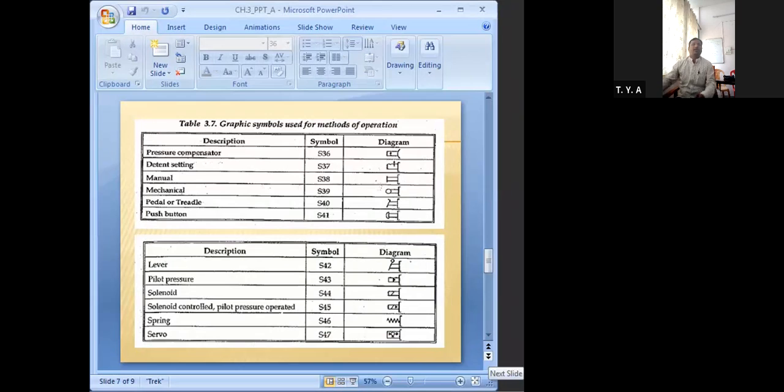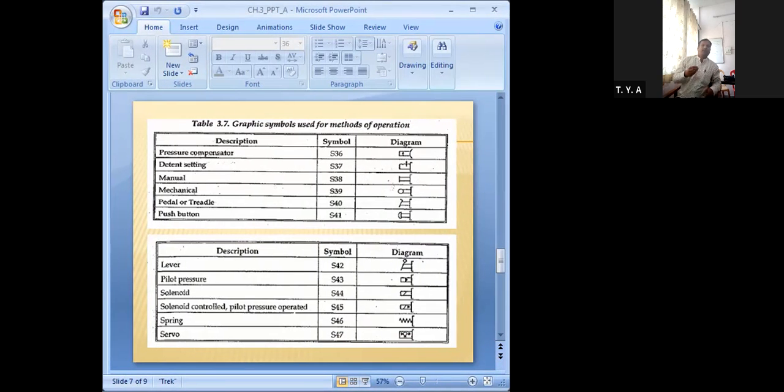This is very important: the graphical symbols used for method of actuation or method of operation. If a pressure compensator is there, its symbol is like what you can check in this column of the diagram. Then detent setting, manual, mechanical is pedal, then push button. These are the methods of operation.